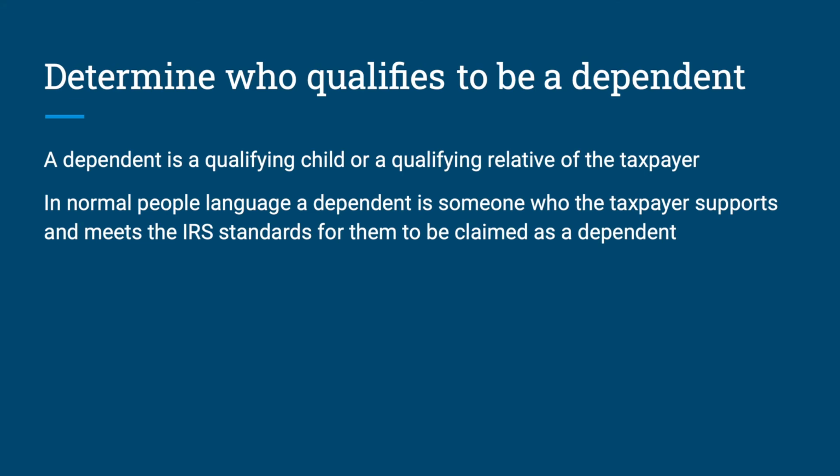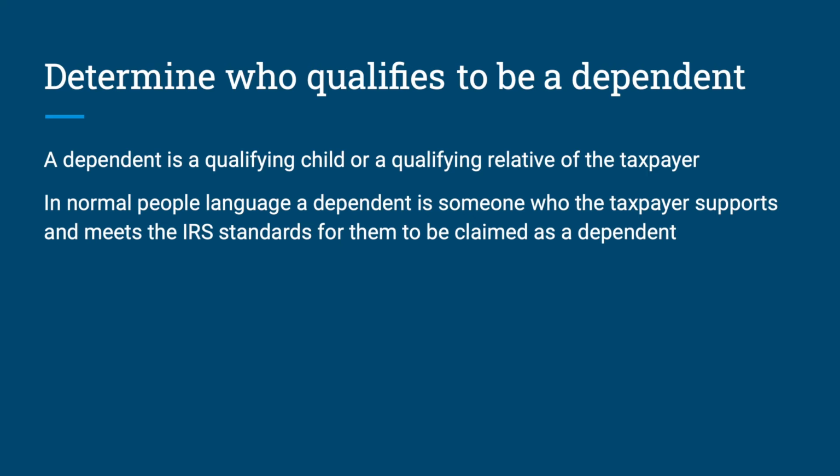So now, for the final part of these slides, we're going to talk about who actually qualifies to be a dependent. That's probably a term that you've heard thrown around a lot, and the definition that the IRS gives does not help to demystify this.